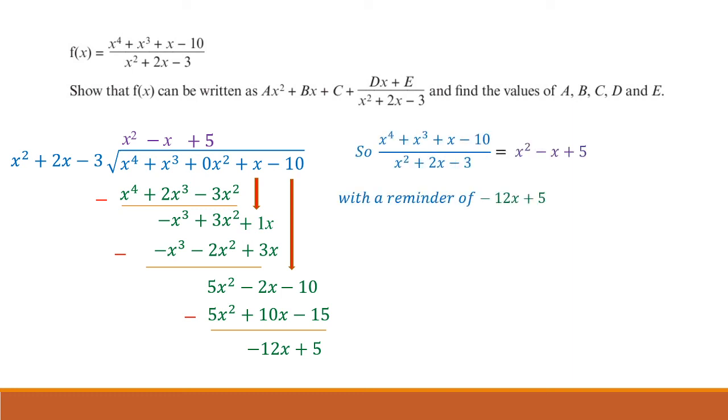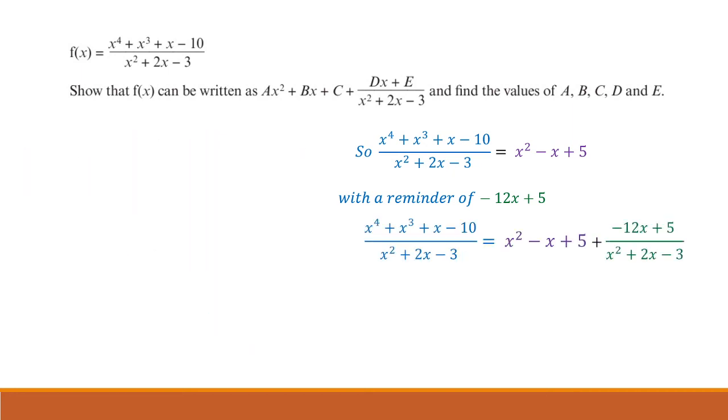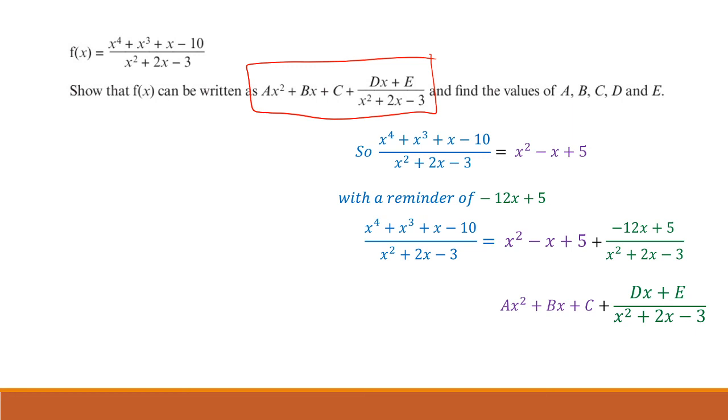So we can say that (x to the power 4 plus x cubed plus x minus 10) divided by (x squared plus 2x minus 3) is equal to x squared minus x plus 5 with the remainder of minus 12x plus 5. So now we can write it as a mixed fraction: x squared minus x plus 5 plus (minus 12x plus 5) over (x squared plus 2x minus 3). Then we can equate it to this mixed fraction to find the unknowns a, b, c, d and e.